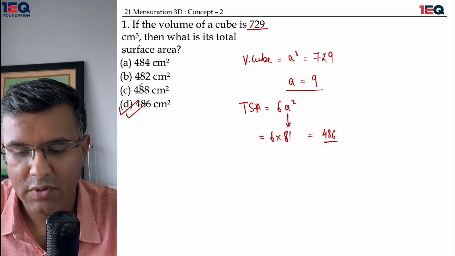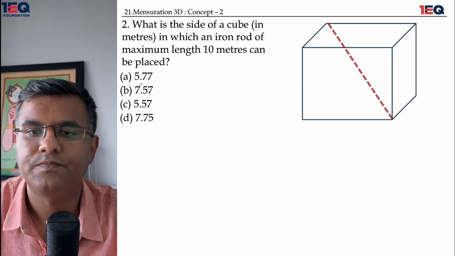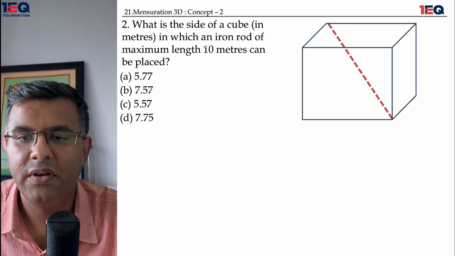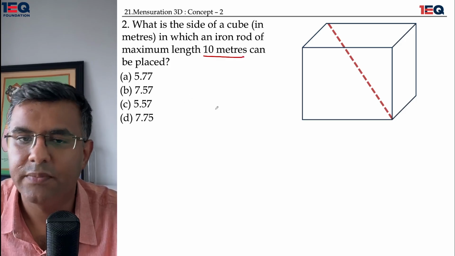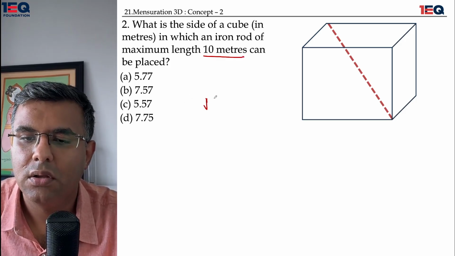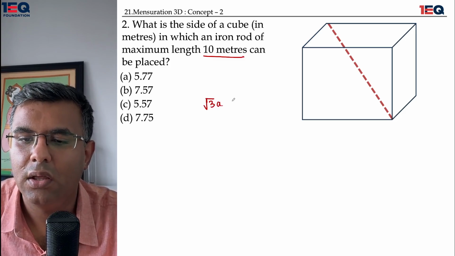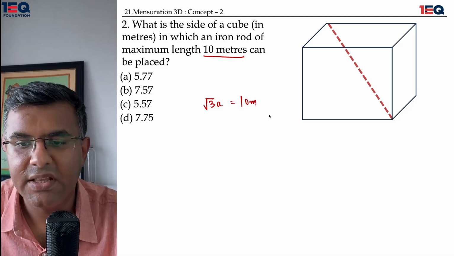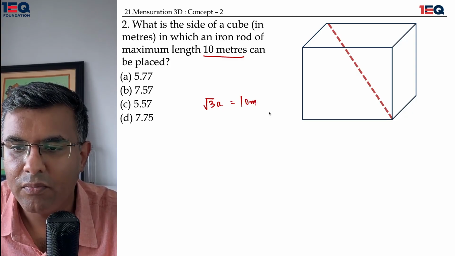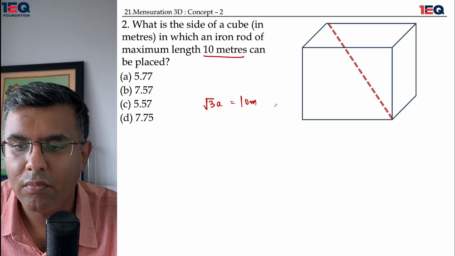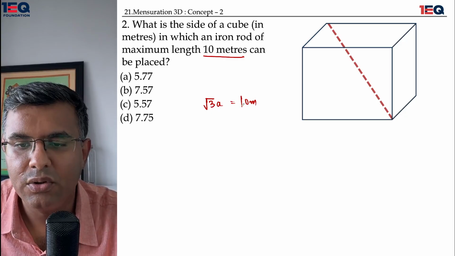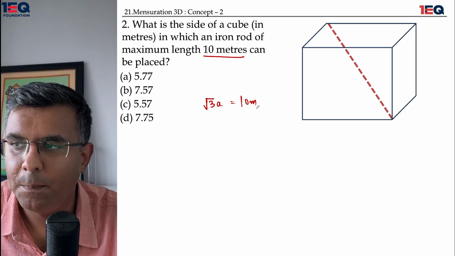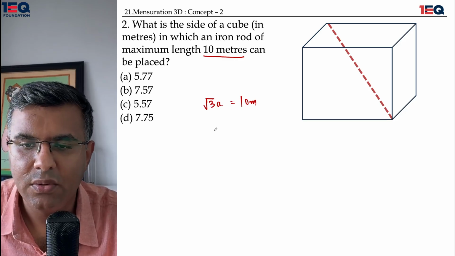Okay, good enough. Let's move on. What is the side of a cube in which an iron rod of maximum length 10 meters can be placed? That means root 3 a is equal to 10 meters. We've already done the formula, that's why I am not repeating it. Root 3 a is equal to 10 meters.